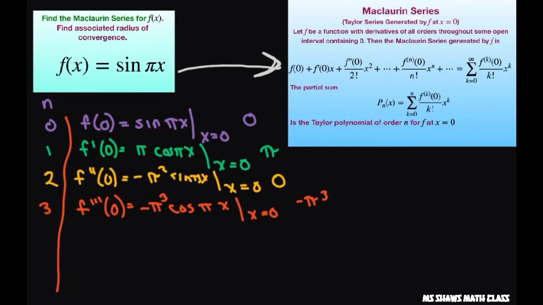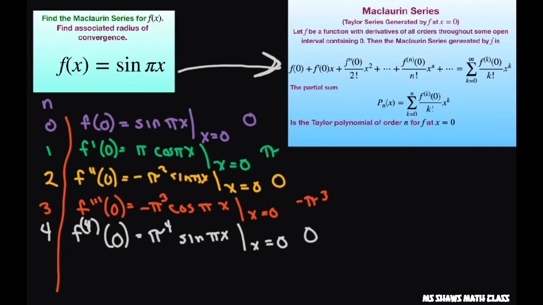And let's do some more. Let's do 4. The fourth derivative at 0 is going to give us pi to the 4th power times sine pi of x. At x equals 0, that gives me 0.